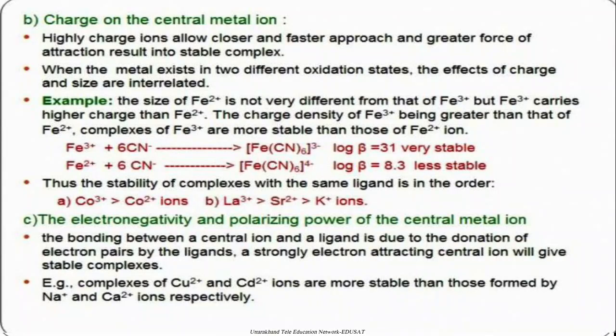But when the metal ion is divalent, that is 2+, and these ligands attach, it forms Fe(CN)6 with 4 negative charge. Log beta is 8.3, which is quite a low value compared to the previous one. So this compound is less stable as compared with Fe(CN)6 3-.